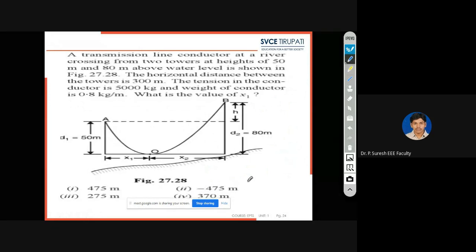What is the x1 plus x2 formula? x1 plus x2 is nothing but the span length, that is 300 meters as given. I calculated x1 as minus 475, so x2 equal to 300 plus 475. What is the x2 value? 775 meters.